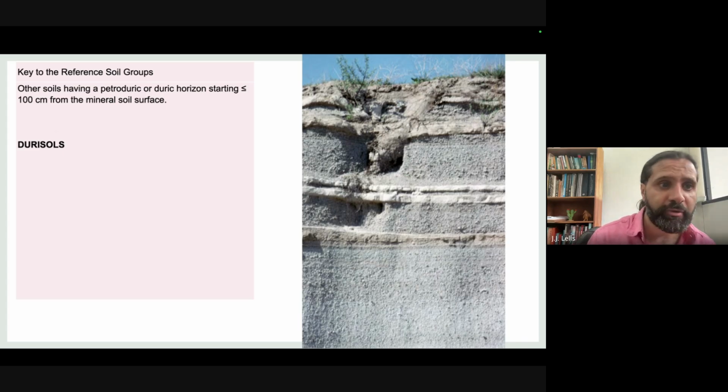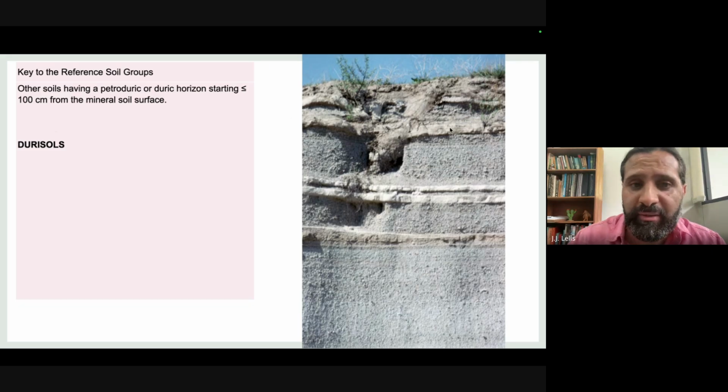The durisols are soils that are not classified or cannot be classified in the previous reference soil groups, and they have a petroduric or duric horizon starting in the first 100 centimeters below the soil surface. So the petroduric and duric horizons are those horizons that express some precipitation of secondary silica, as you can see in these layers here and here and here.